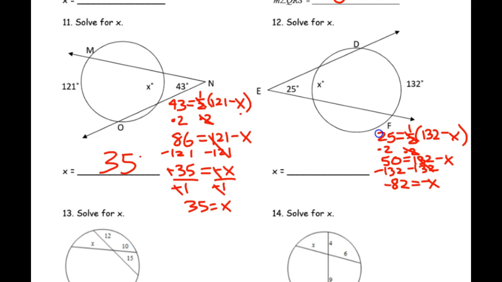Sorry, negative 82. And then divide by -1. 82 equals x, 82 degrees.